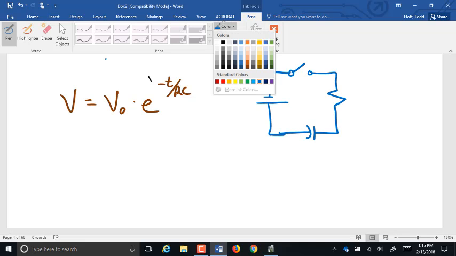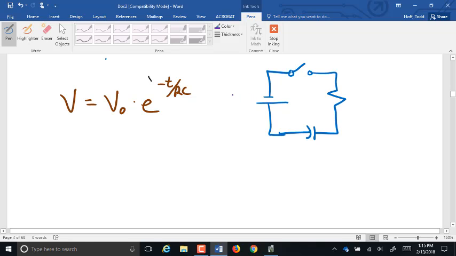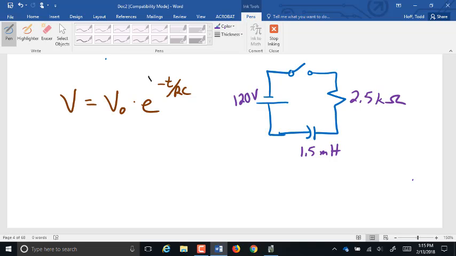So this is a circuit that we have. Let's say we're going to start out with a 120 volt source. We have a resistance here of 2.5 kilo ohms. Capacitance here of 1.5 millihenries. Henries isn't right for capacitance, it's farads. Henries is for an inductor.